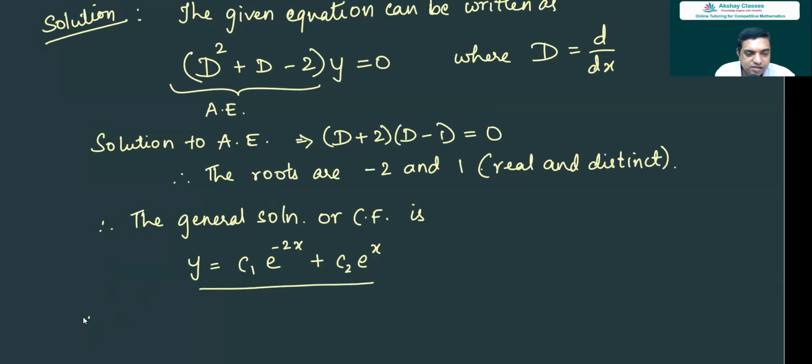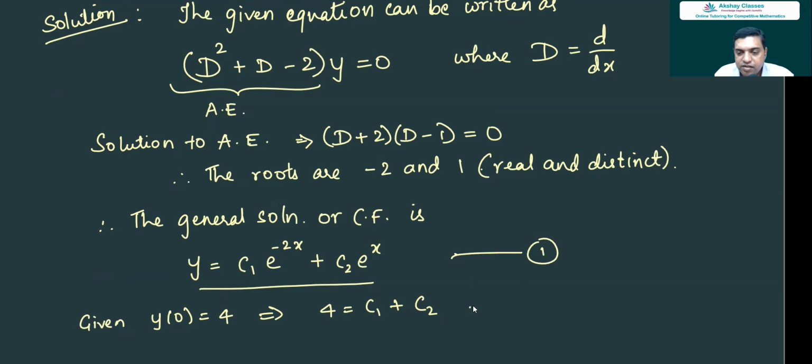Now given y of 0 equal to 4, this implies, you substitute 0, we get 4 is equal to C1 plus C2. We have to find C1 and C2. This is equation 1. Now y dash 0 is equal to minus 5.